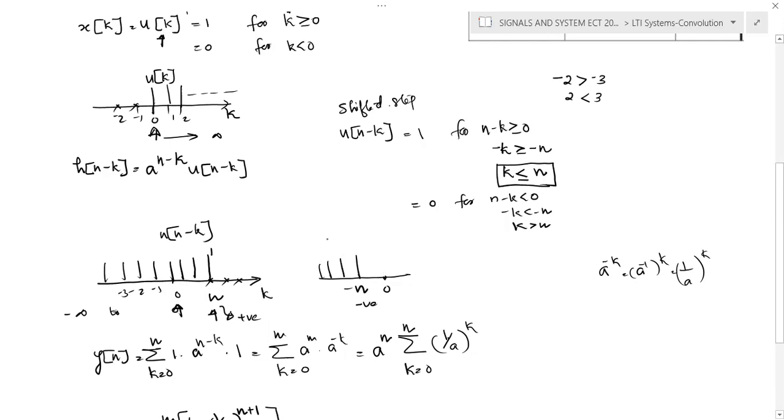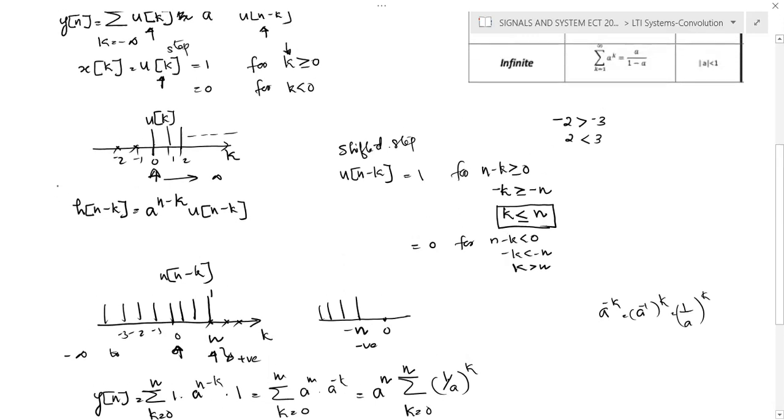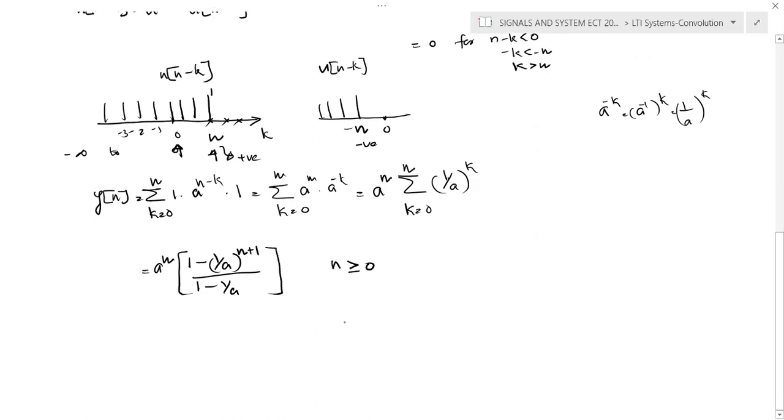If you observe, in the case of u of n minus k, if n is negative, you can see that u of k starts from 0, but u of n minus k only goes up to n, not up to 0. So if you multiply these two signals, you will get 0. So you need to write one more point, that is, if n is less than 0, the function magnitude is 0.